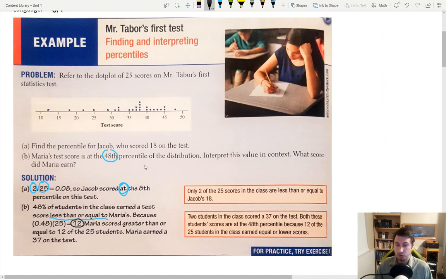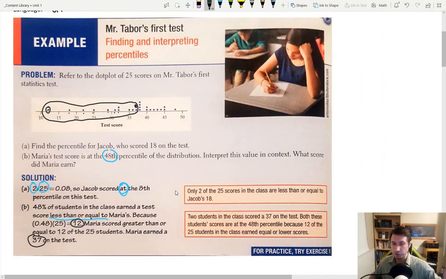So you count to the 12th number: 1, 2, 3, 4, 5, 6, 7, 8, 9, 10, 11, 12. That means Maria is right there, because she has beaten or is equal to these 12 other students. What is that score? 35, 36, 37. She got a 37 on the test.